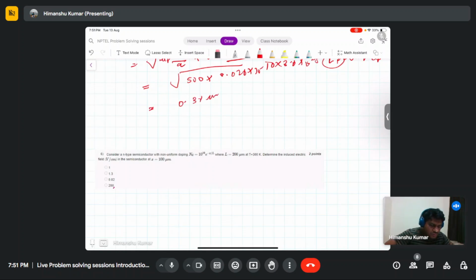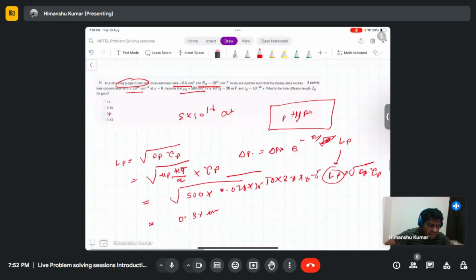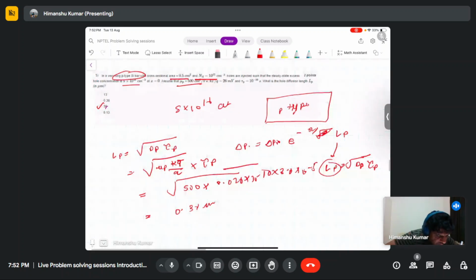So the correct answer will be option C, which is 0.36. No, this is not 0.36. This is 36. So the correct answer will be 36 micron, which is option C.